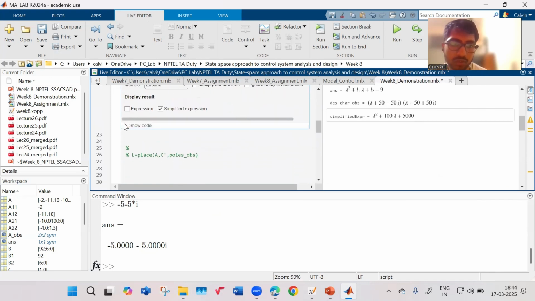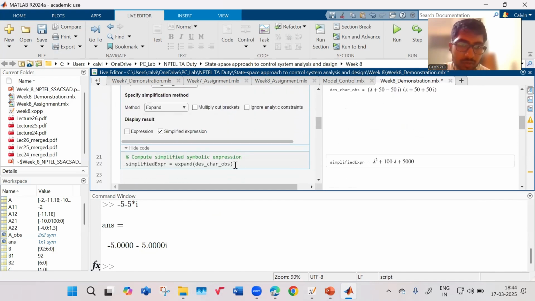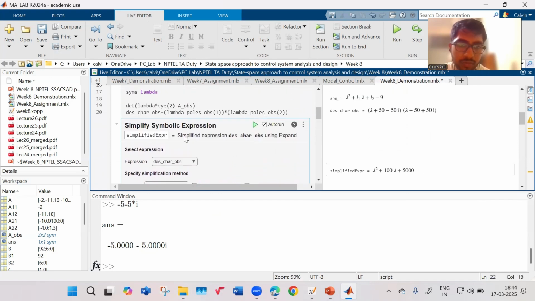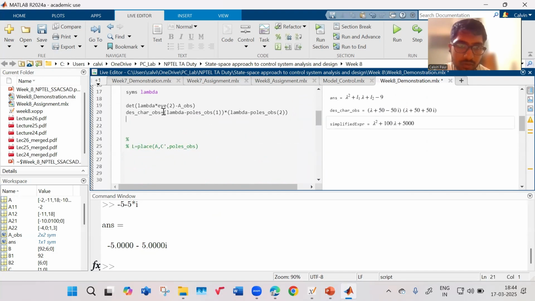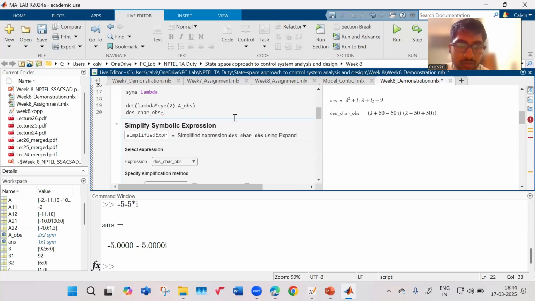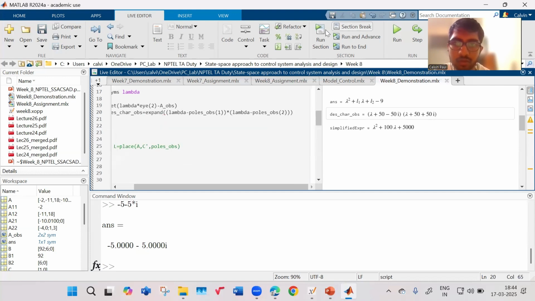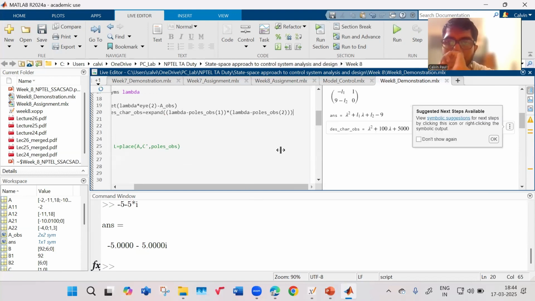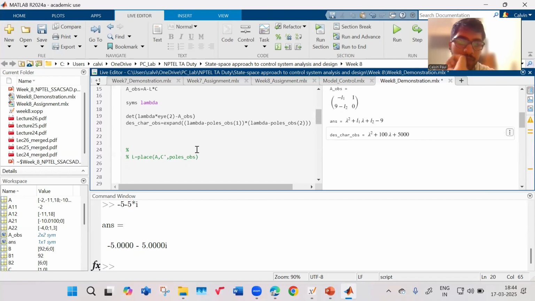Finally, the desired characteristic observer polynomial is lambda square plus 100 lambda plus 5000.